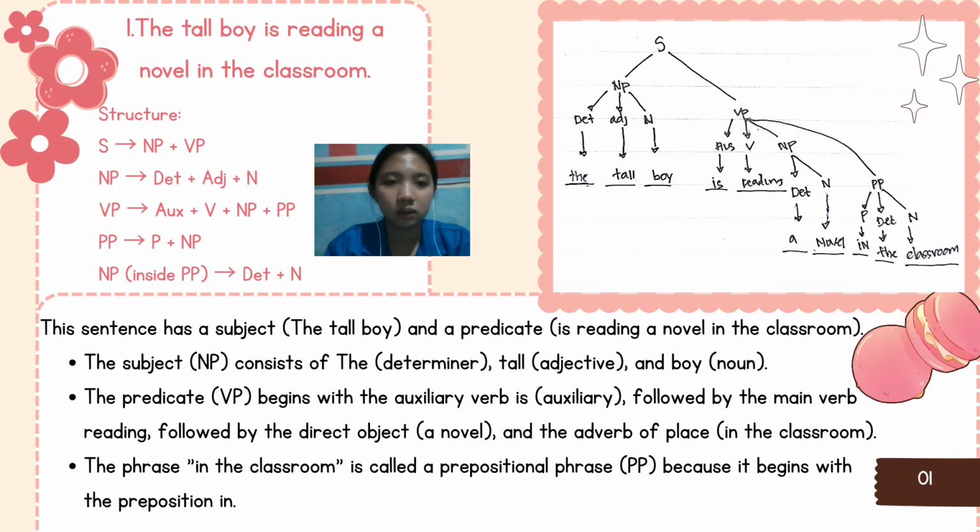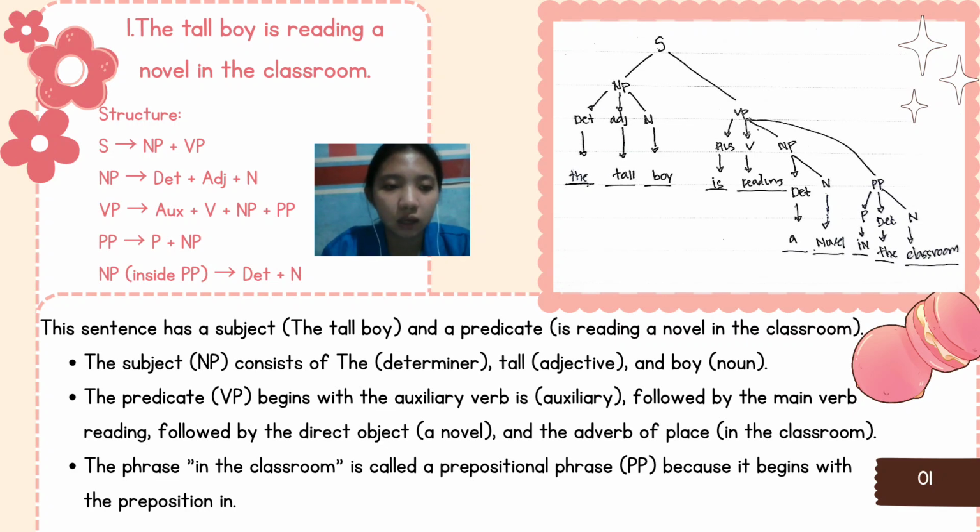The first sentence is, the tall boy is reading a novel in a classroom. This sentence has a subject, the tall boy, and a predicate, is reading a novel in the classroom. The subject, NP, consists of a determiner, the adjective tall, and a noun, boy.